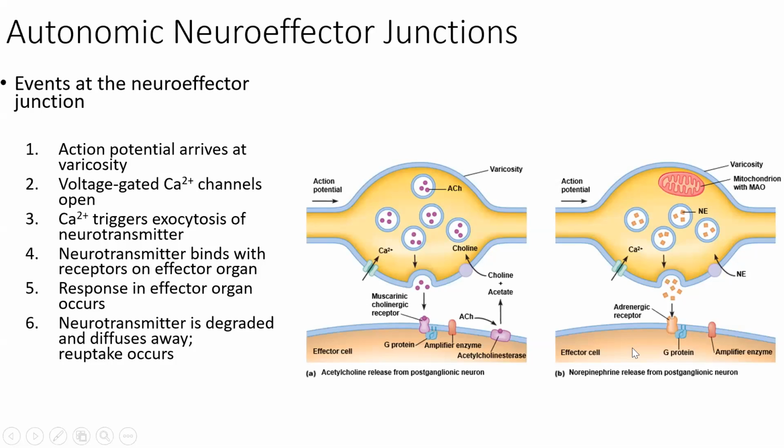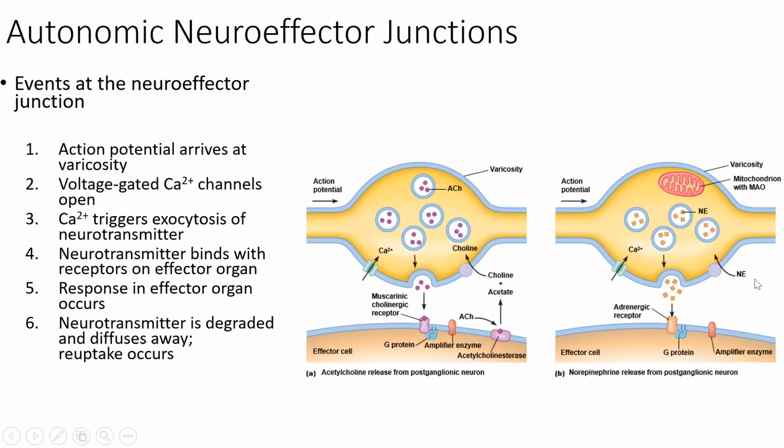Now, I'll point out one other important difference here. So the way that we clear the excess neurotransmitter from the neuroeffector junction, from the cleft here, is by breaking it down with this enzyme acetylcholinesterase. But understand that acetylcholinesterase can only break down acetylcholine. So in the instance of norepinephrine, we do not have this acetylcholinesterase enzyme.